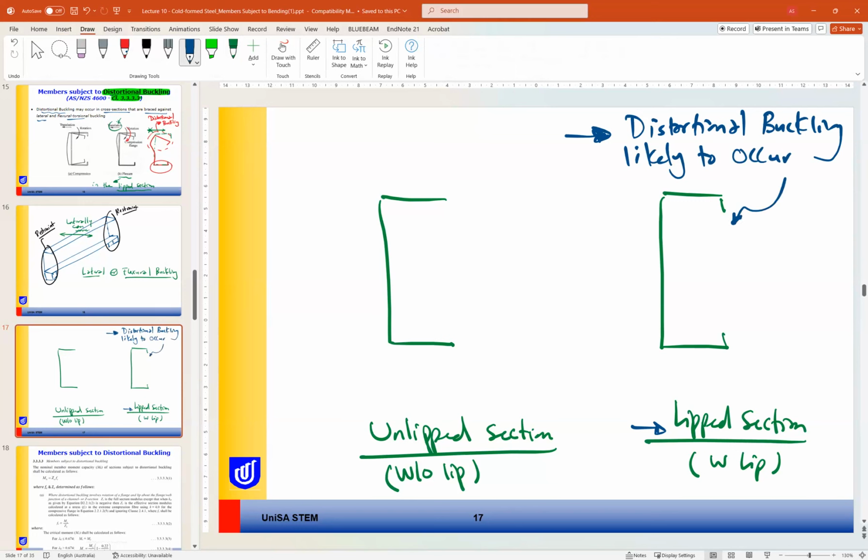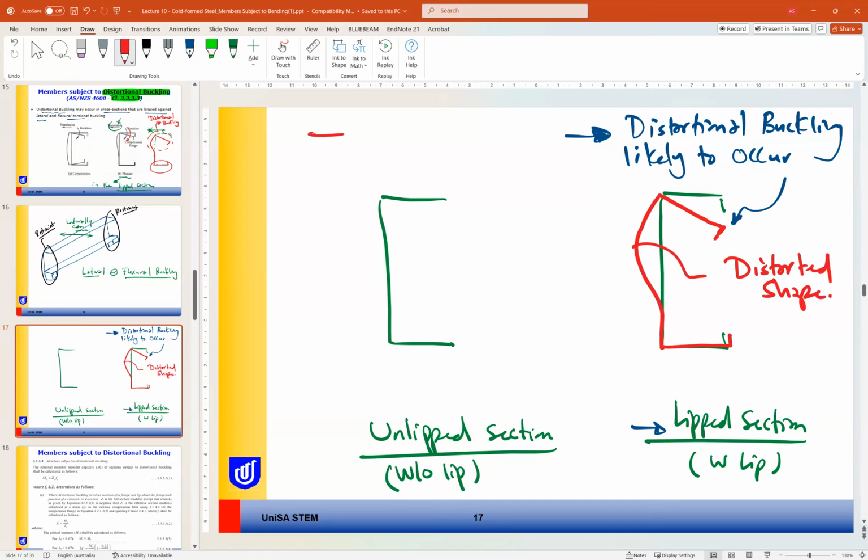And as we discussed, this beam will go down, this flange will go down like that. So this web will go outside, and this will be the distorted shape.